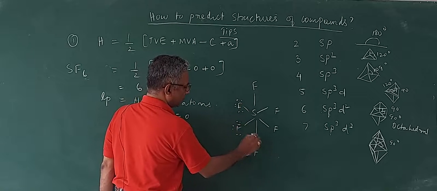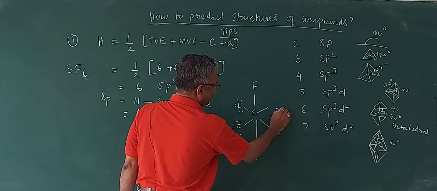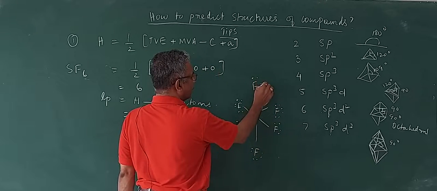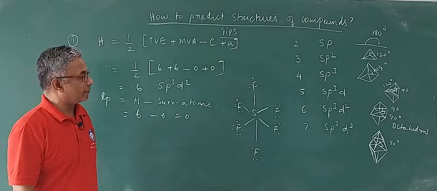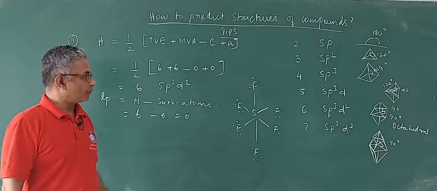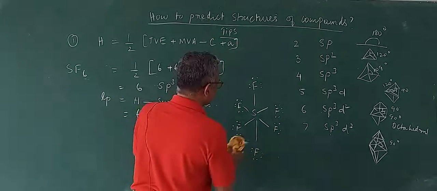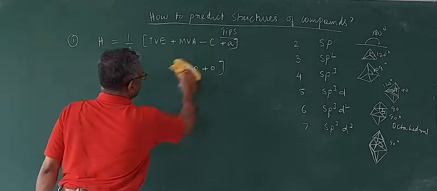All the halogen atoms will have 3 lone pairs. Since fluorine is a small atom, the repulsion will not be very much as compared to phosphorus and chlorine. Chlorine is a bigger atom, fluorine is a smaller atom. So this is how you find out the structure of the compound using this formula.